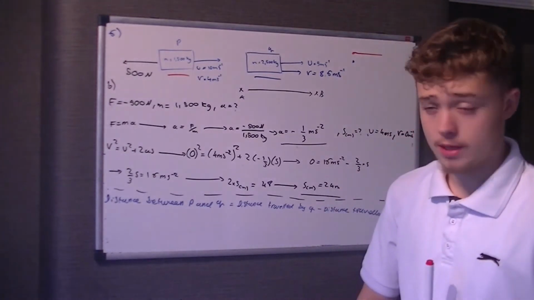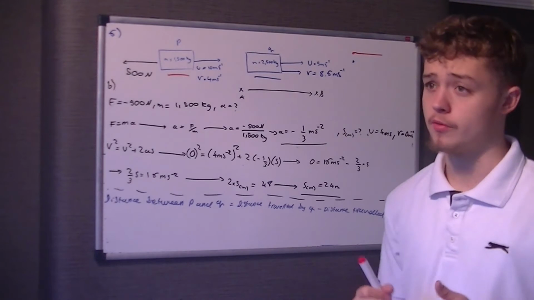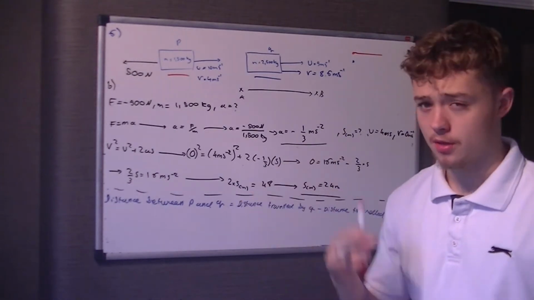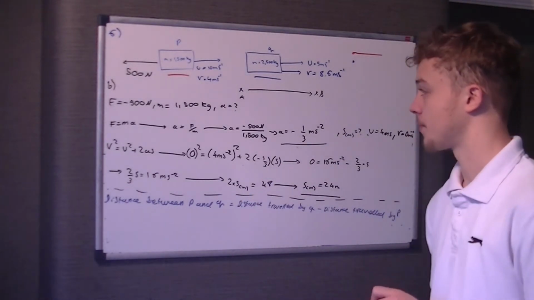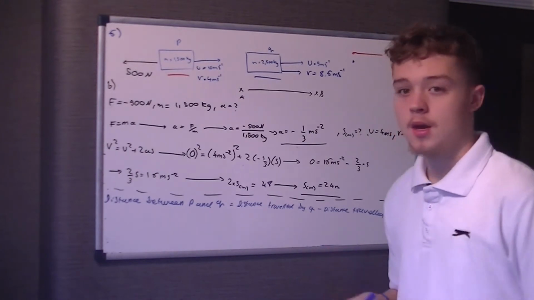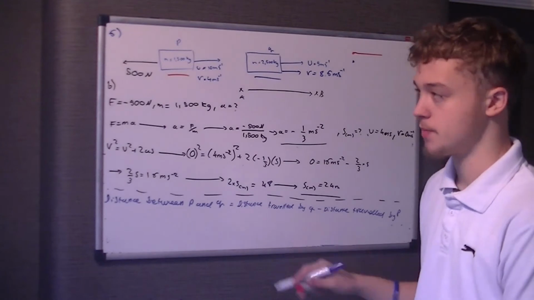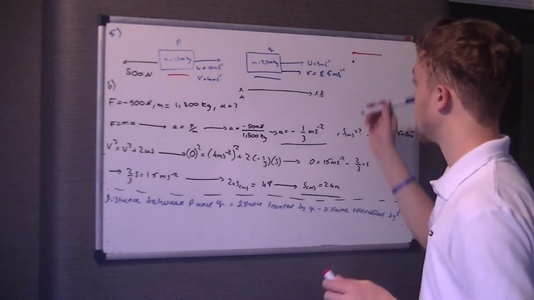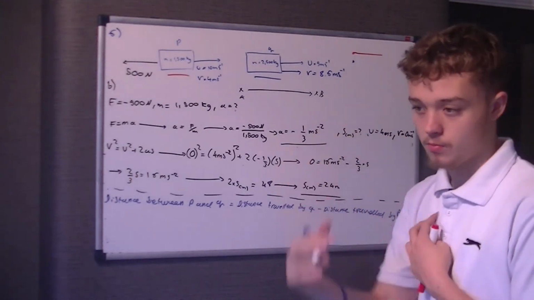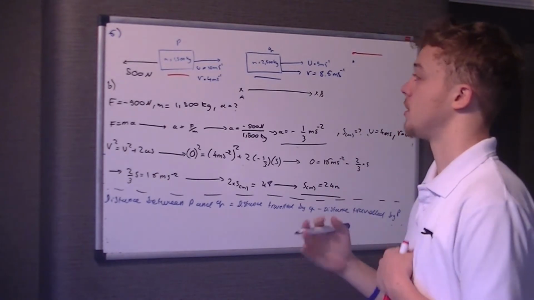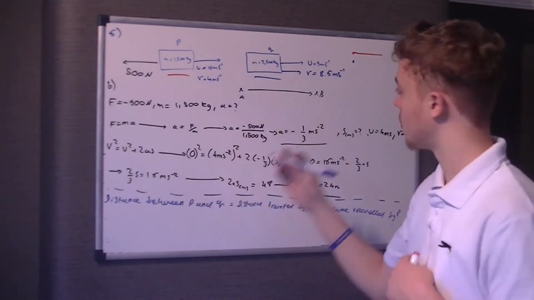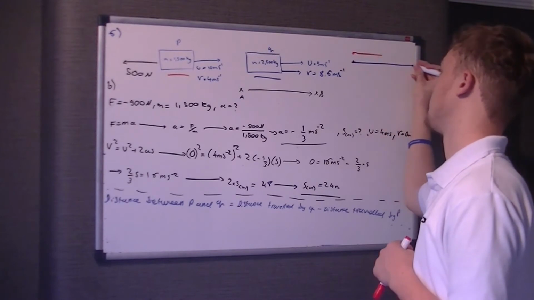And because Q is at a constant speed, it'll be moving faster than P. Because it isn't changing its speed, it's just covering the same meters per second, meters per second, meters per second. When P is decelerating, Q is going to be carrying on, so it's going to be a bit further.